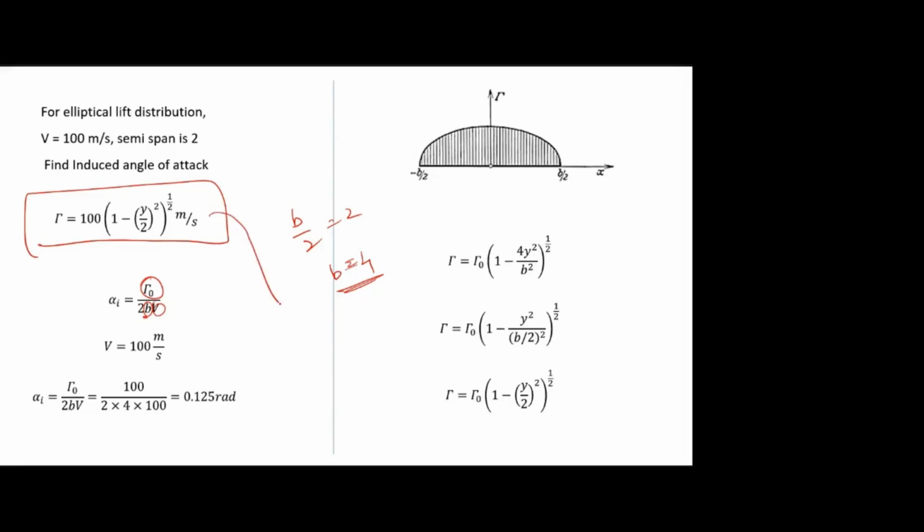You can compare this with the elliptical lift distribution general form. Okay, so instead of gamma naught they have given 100, remaining everything is same. So bracket 1 minus y by 2 whole square, power 1 by 2, everything is same. Instead of gamma naught they have given 100. That means this is the gamma naught value.